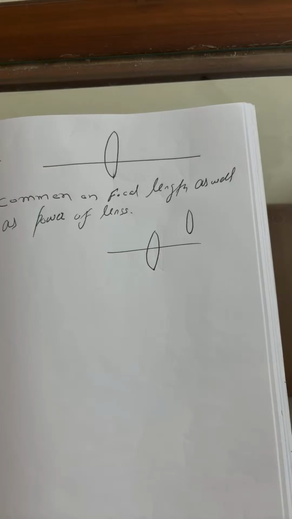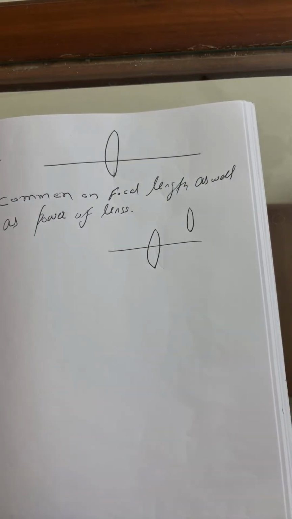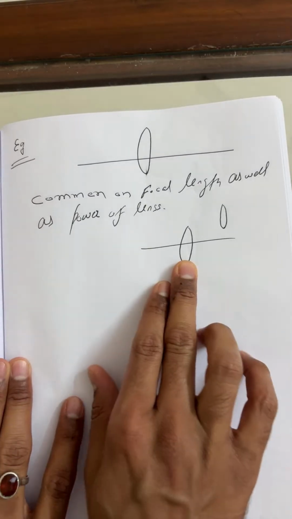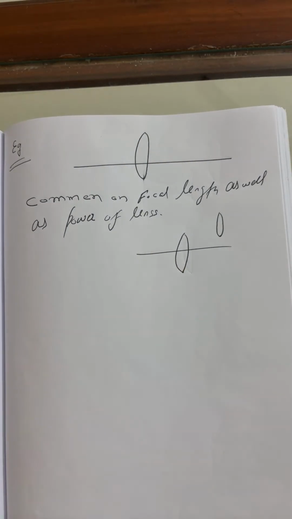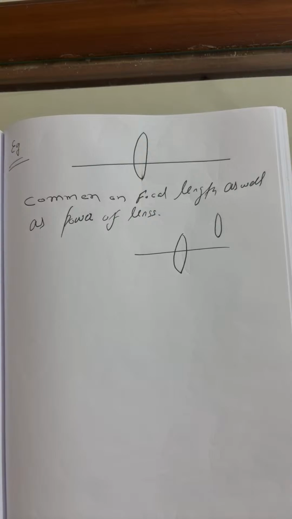Focal length changes vertically, correct. But this is a horizontal cutting of the lens. So what's your answer? Remains the same or different? Correct.